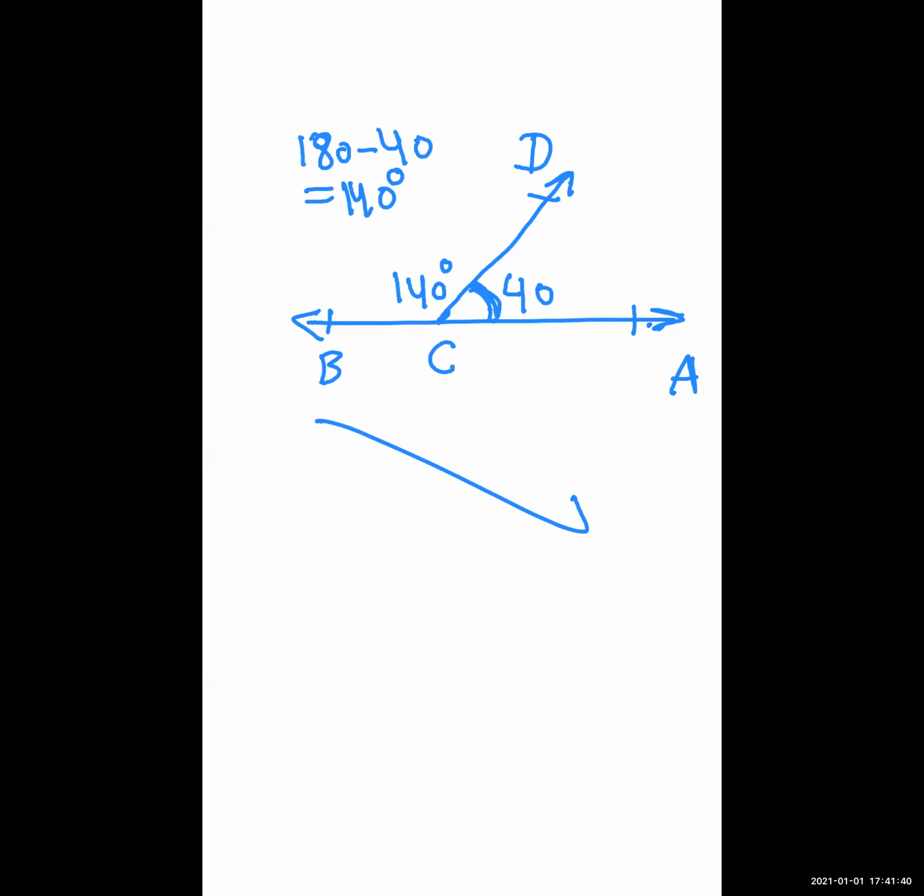Okay, if it's like this, guys, if there is a straight line like this, and there is one angle here and one more here, and this one is 30, and this one is 100, so I want to get that one.